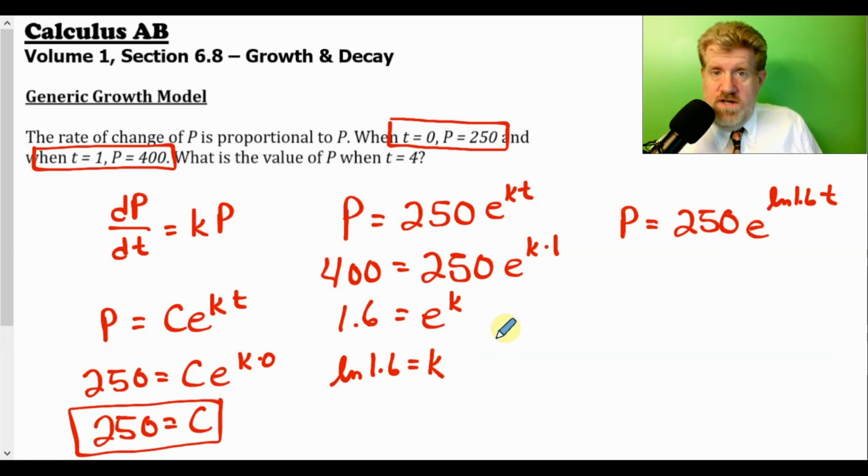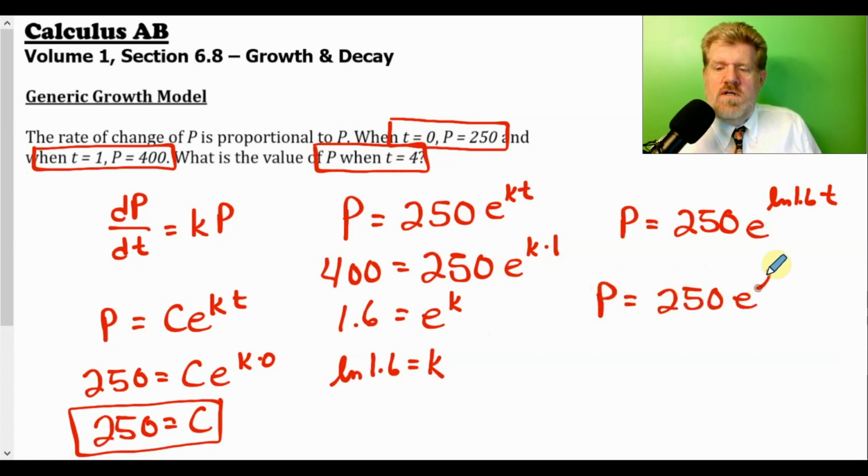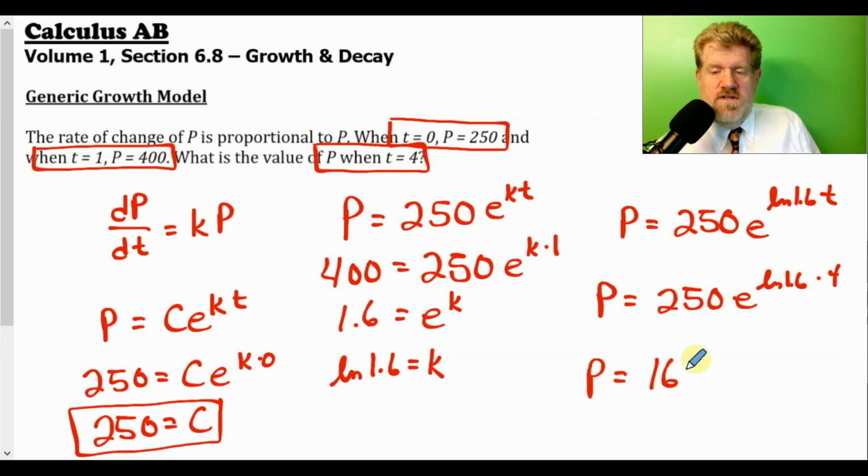The equation is nice, but we were asked to solve something. We're asked to find out what is p when t equals 4. So what is p when t equals 4? That's just a flat-out calculator exercise. You just plug that into your calculator, and you get p is approximately 1638.